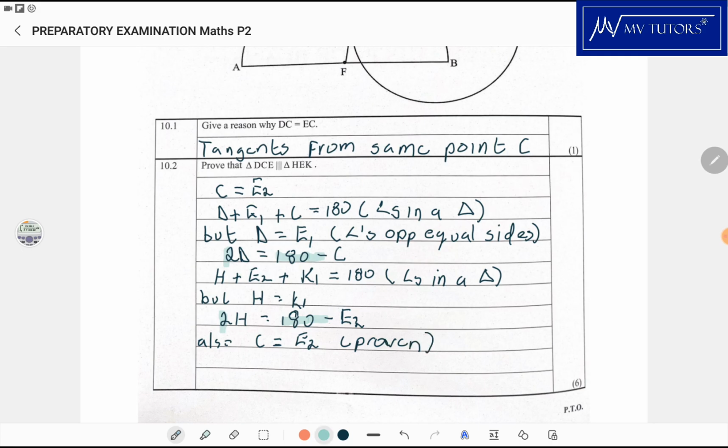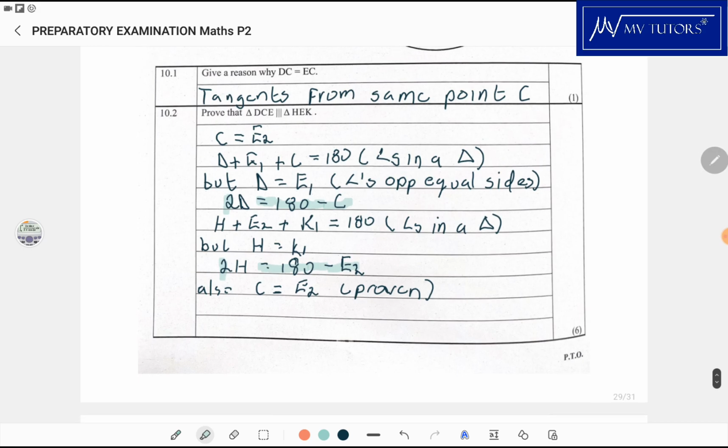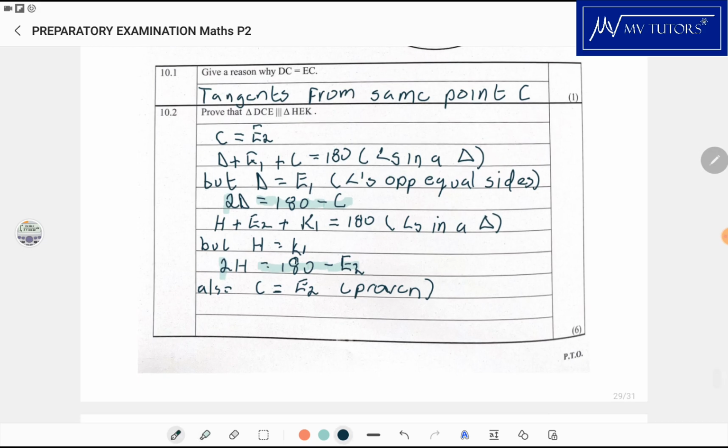Which means C is equal to E2. Therefore, you see everything I highlighted is the same, including this equal sign. The only things that are different are the letters D and H. Therefore, I can now conclude that if everything else is the same, D must be equal to H. Do you see that?